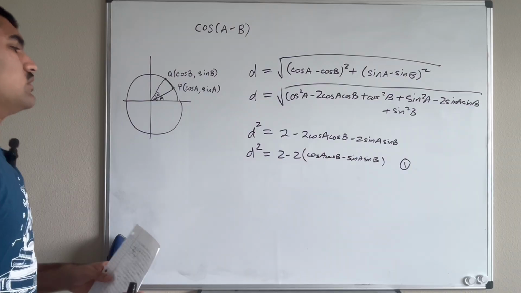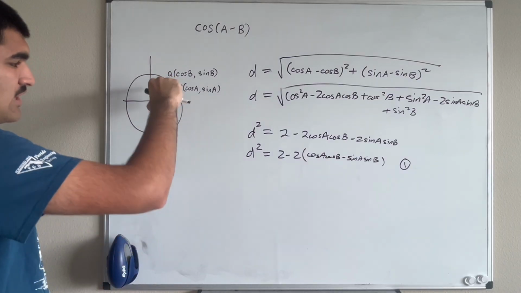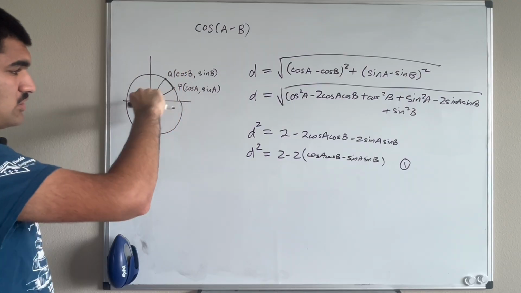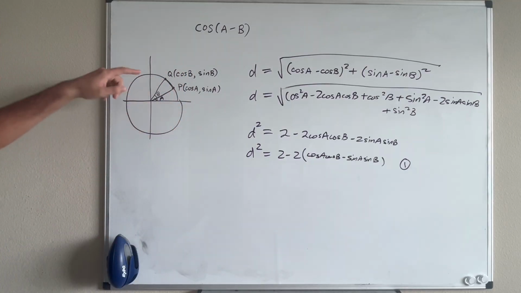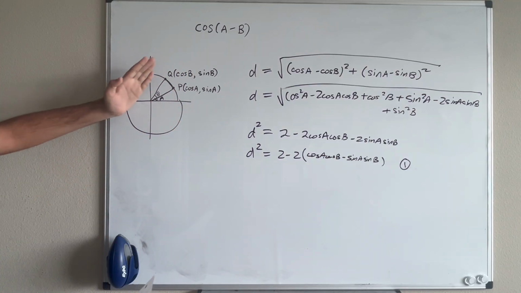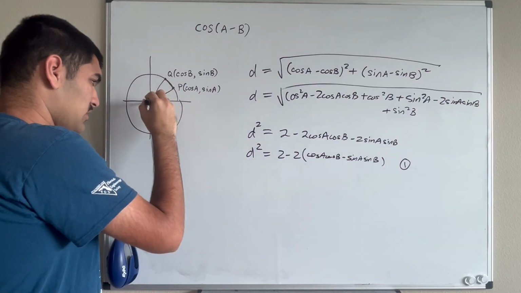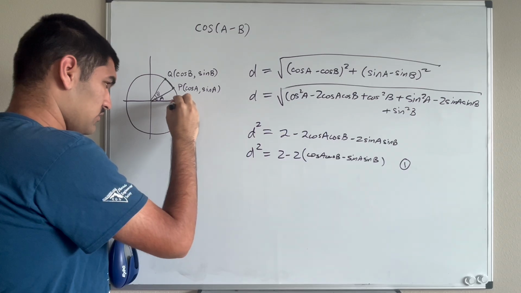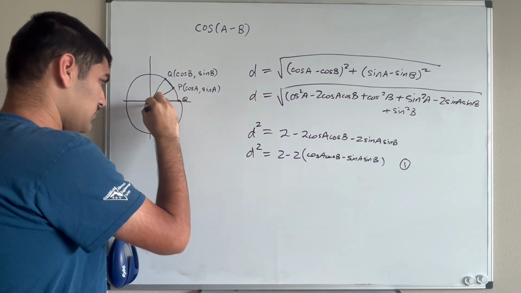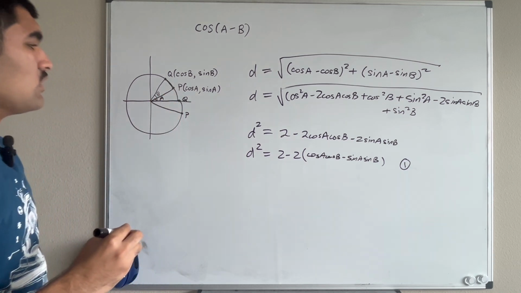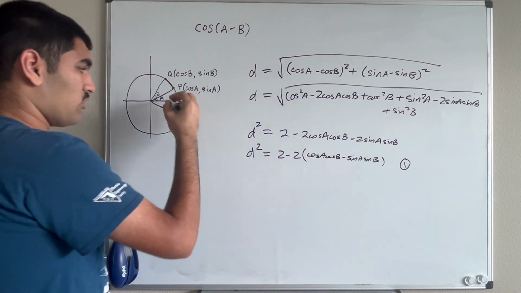Now let's rotate the triangle formed by the origin, Q and P, so that the Q side lies on the x-axis. Q is right here, and we shift P down to right here. What are the coordinates of Q?